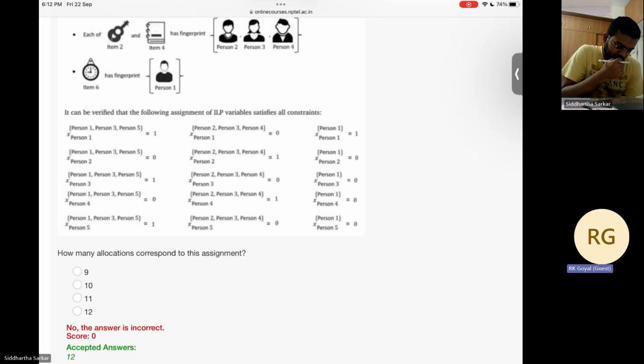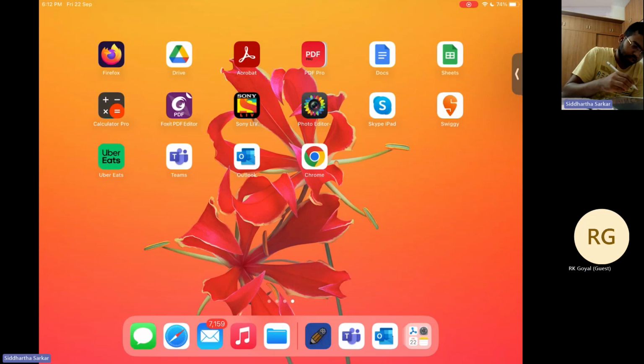Fine. So how many allocations are possible? That is the question. How many allocations correspond to this assignment? The answer is 12. So I will just write the question also.